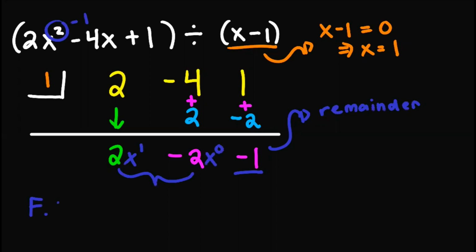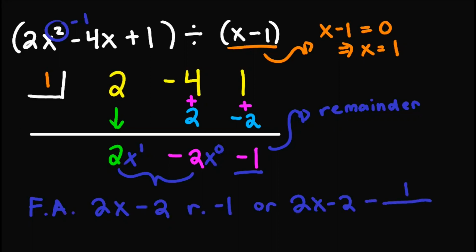So our final answer is given by 2x minus 2 with a remainder of negative 1. Or we can write it as 2x minus 2 minus 1 all over x minus 1 if we treat it as a fraction.